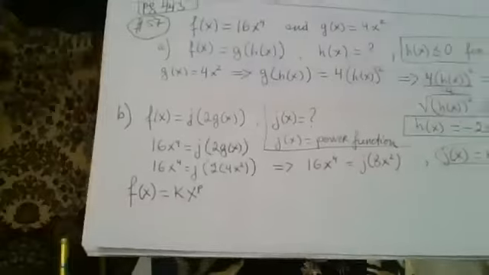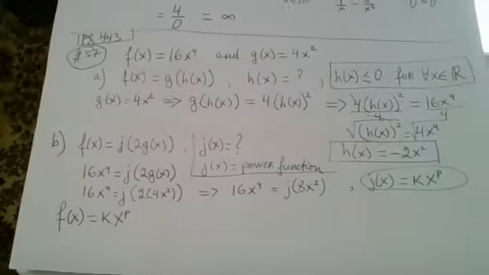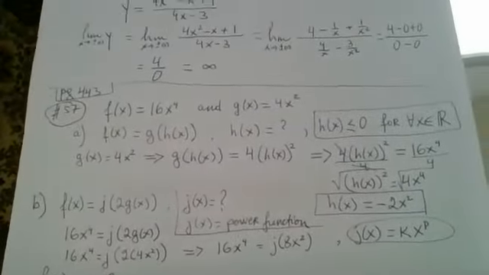Now, the next step of the solution. I wrote it down, and now, what do I have here? f at x is now equal to j of what I have in parentheses, 8x squared. Yes.